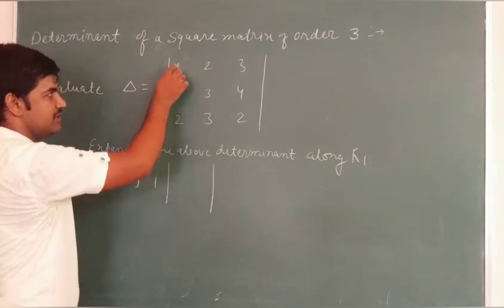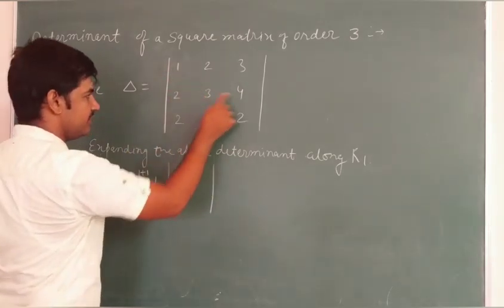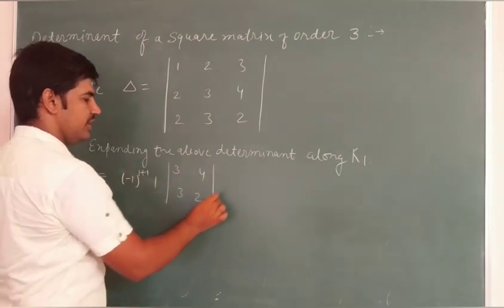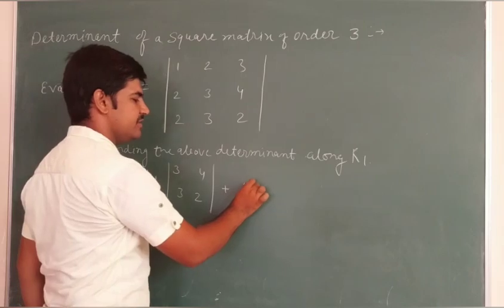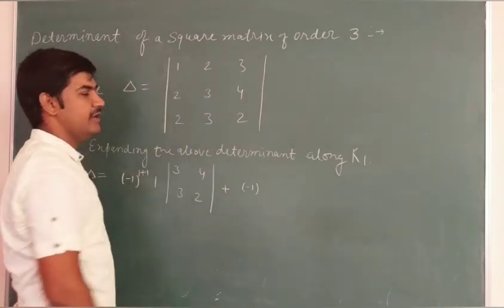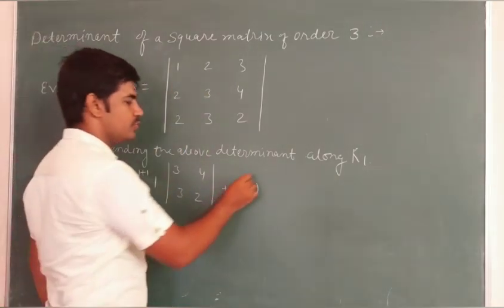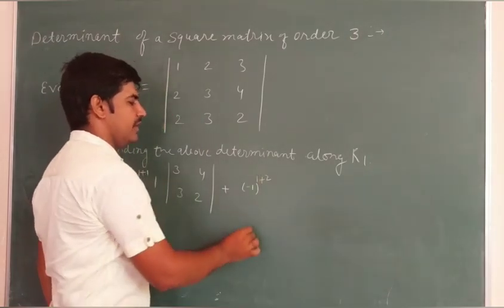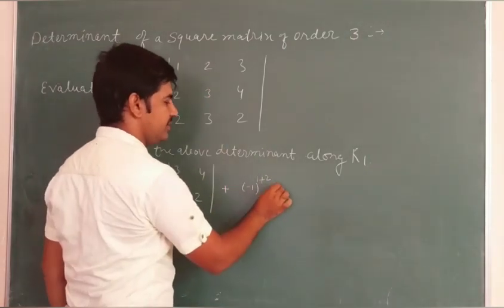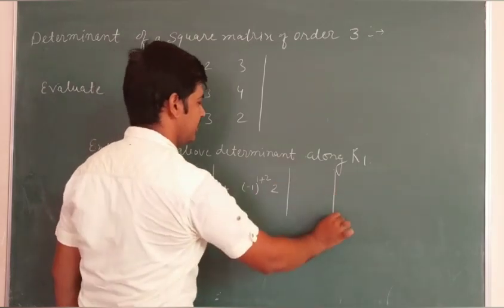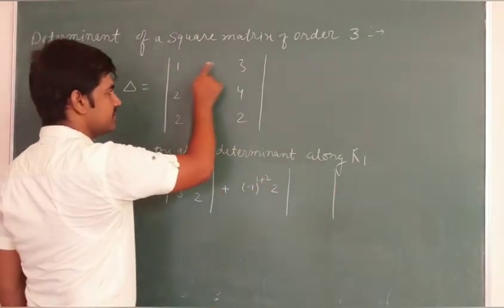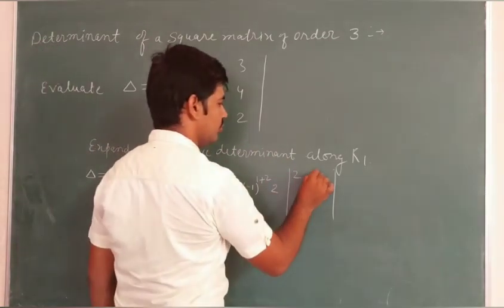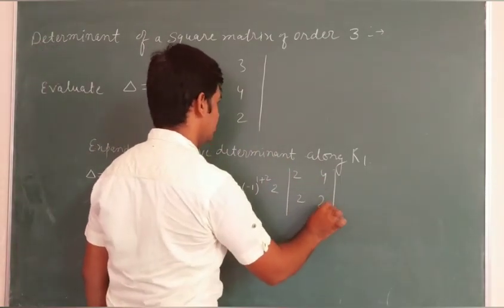The determinant is formed by leaving the first row and first column: 3 4, 3 2. And then plus minus 1 raised to the power 1 plus 2, because the second element is a12, then the element itself, 2, and here a determinant leaving the first row and the second column: 2 4, 2 2.